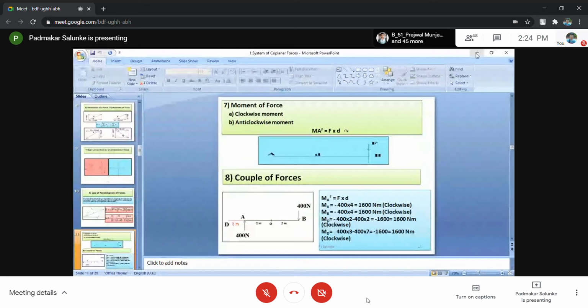But in our numerical discussion, if some forces are acting in the upward direction and some in the downward direction, then if you are considering upward as positive, it is your duty to consider downward as negative. Similarly, if some forces are acting to the right and some to the left, then you have to use some sign convention. So, if I am considering towards right as positive, then definitely towards left I have to consider as negative.